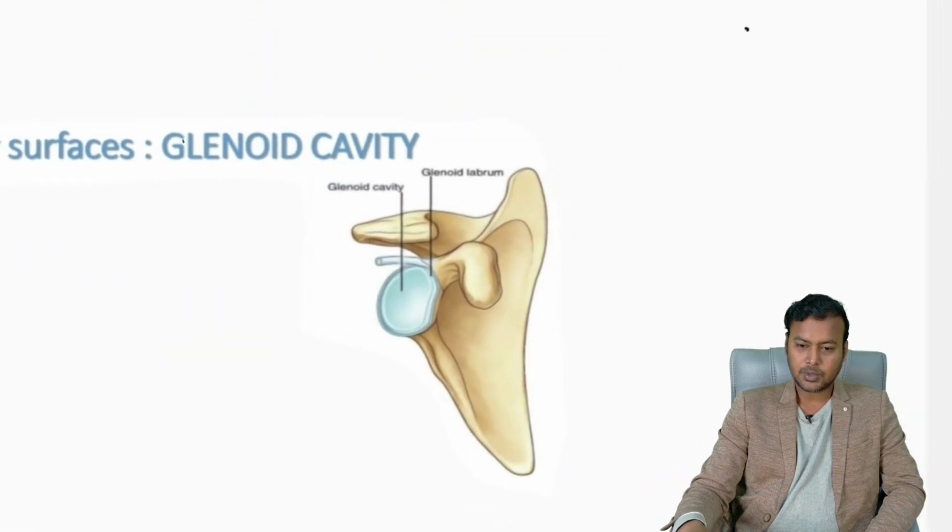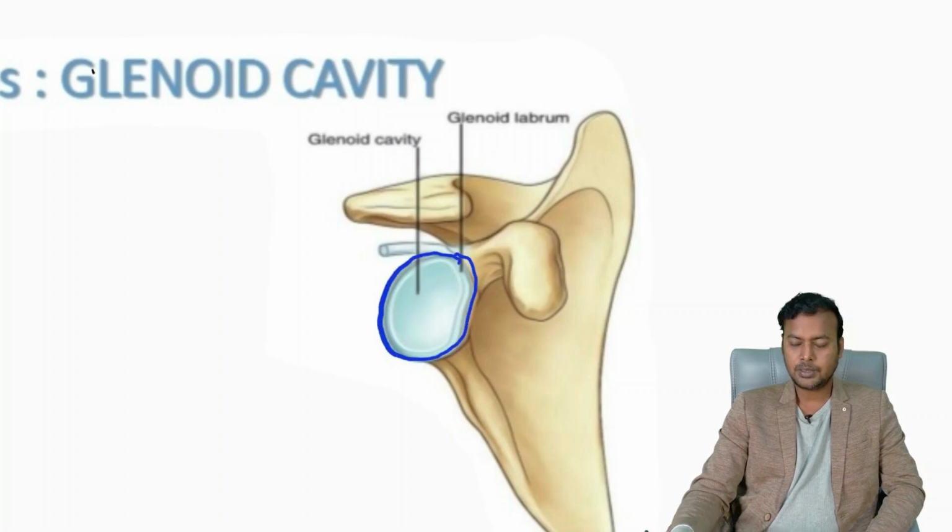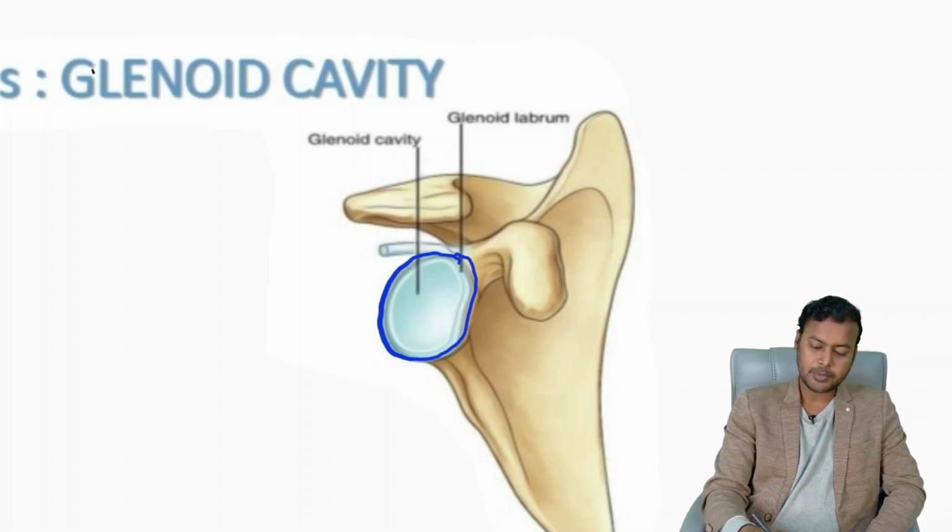Coming to the articular surfaces. Now here you are seeing the scapula, and this part is known as the glenoid cavity. This glenoid cavity, as you can see, is lined by the hyaline cartilage.